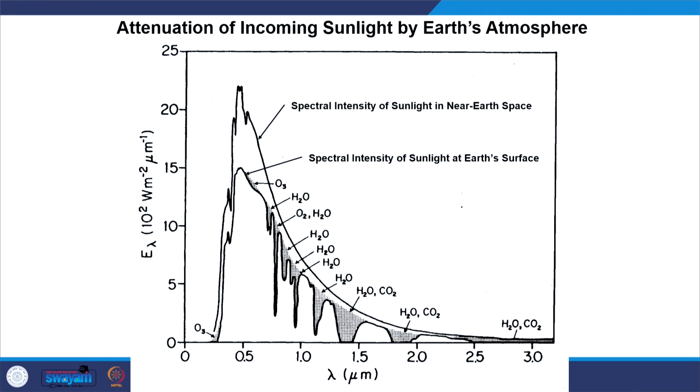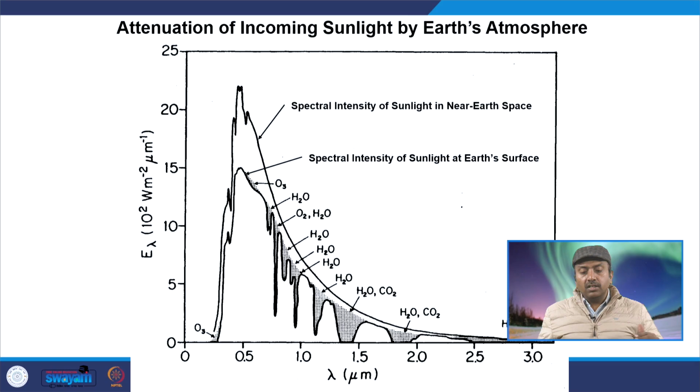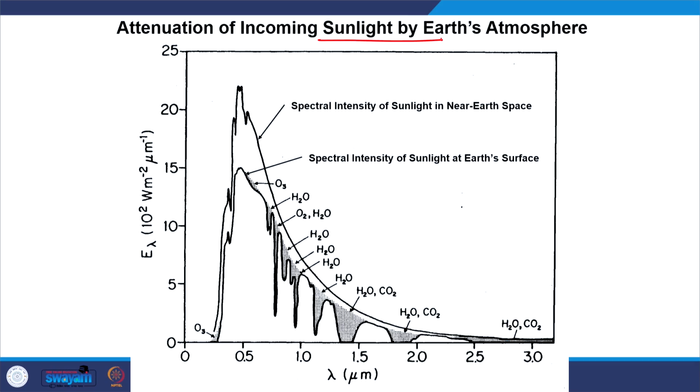Right. Now, you take the incoming solar radiation, incoming sunlight. Incoming sunlight contains all the wavelengths, almost from 0.1 nanometers to 10 to the power of 6 nanometers. This figure shows 0 to 3 micrometers.